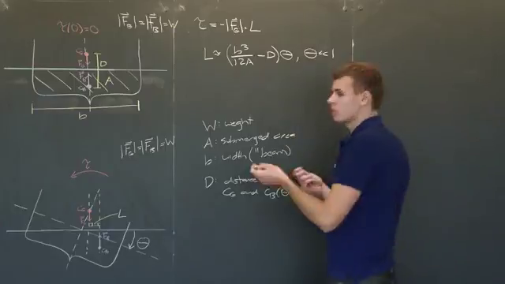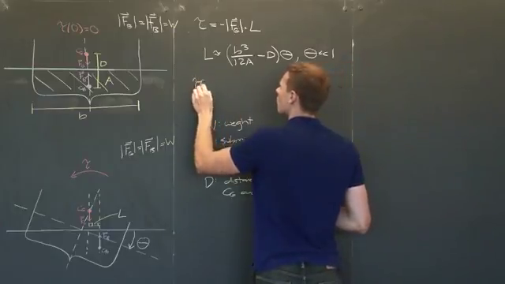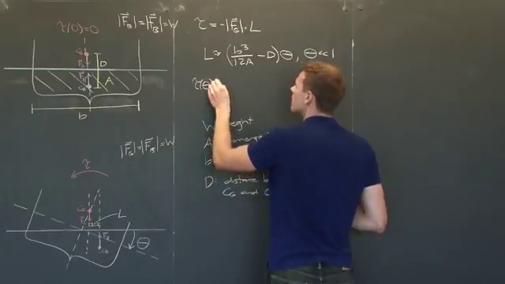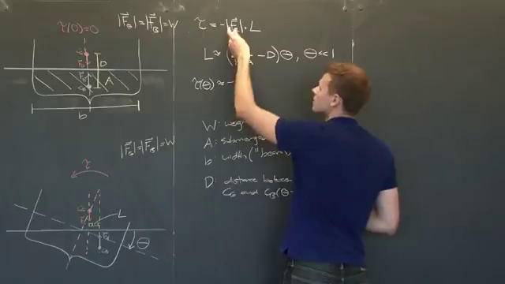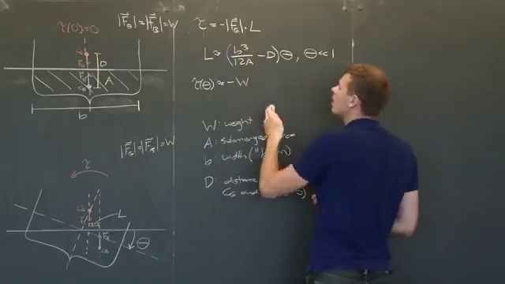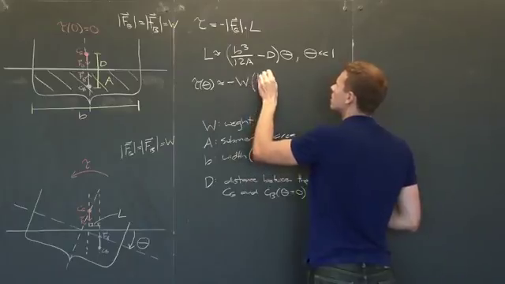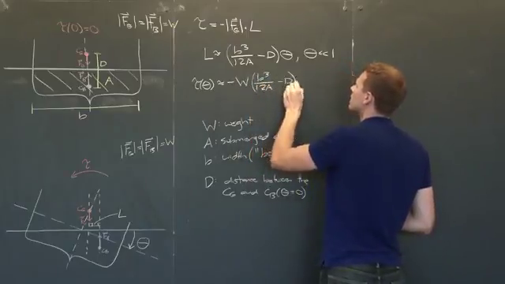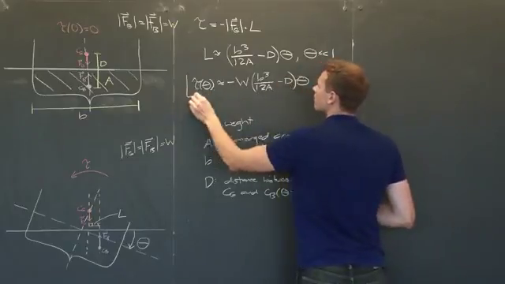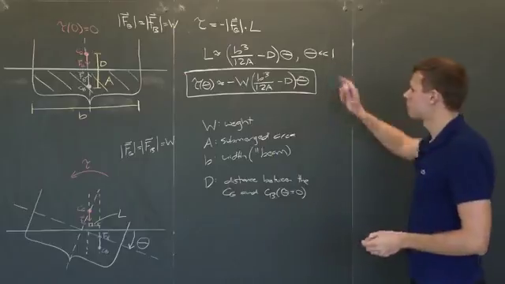We now have an expression for the torque as a function of theta, which is approximately minus the weight of the boat, which is just the magnitude of the force of gravity, times this lever, which is B cubed over 12A minus D times theta. And remember that this is only valid for small rotation angles.